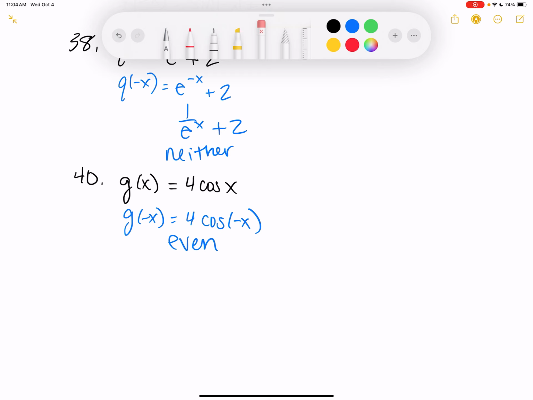So we're going to do 13 through 27 odd. I'm not going to have you do the even, odd, and neither ones right now. We might look at those more later, but I just wanted you to see them.